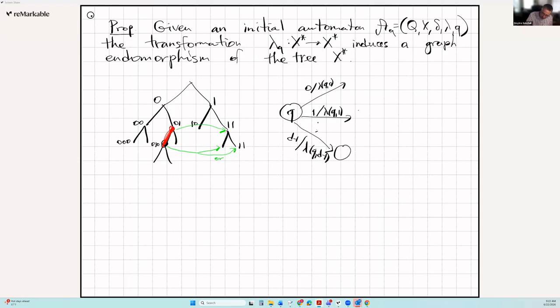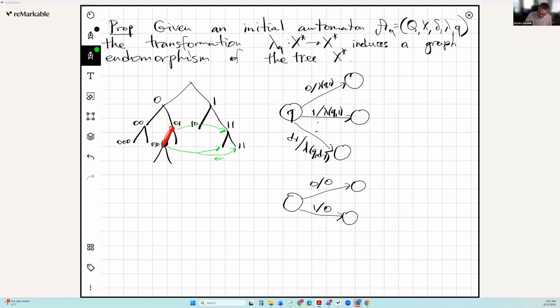It will go to a state here, a state here, a state here. Some of these states might be the same. So if you want this transformation to be invertible, at least you want this lambda to define a permutation of the input letters. So for example, if you read 0, you go to 0, and if you read 1, you also go to 0, this is something that will not define an automorphism, not invertible.